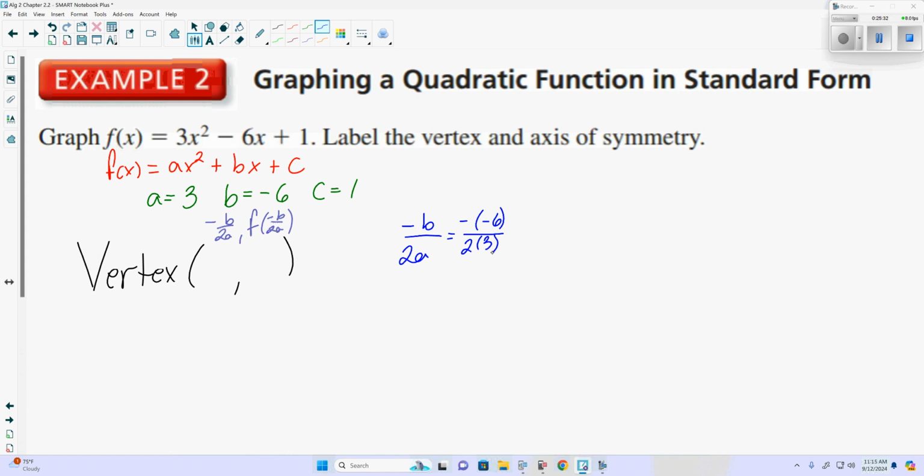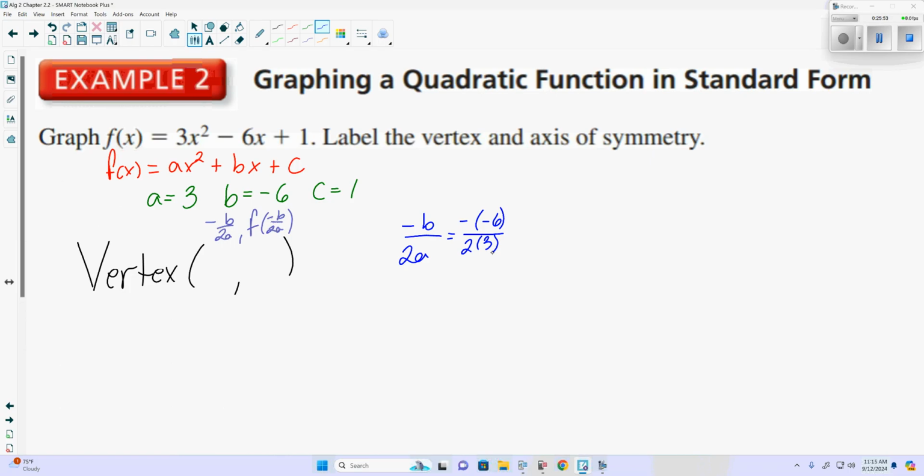Questions on how we got to this point? So what we have now is negative 6 over 2 times 3. Is there a variable in that statement? Is there anything restricting me from plugging that in exactly as it is in the calculator? No, we can plug it in at this point and get the answer.